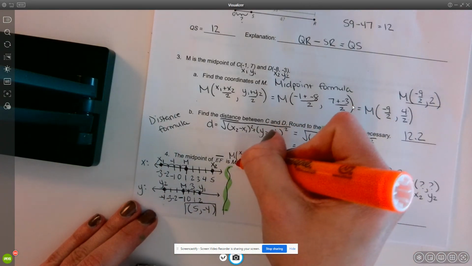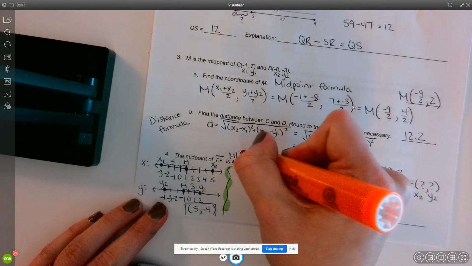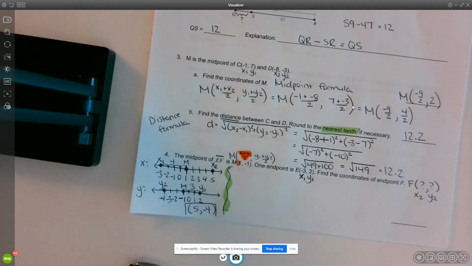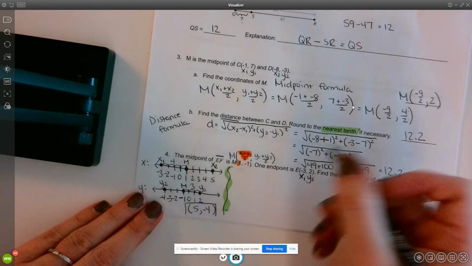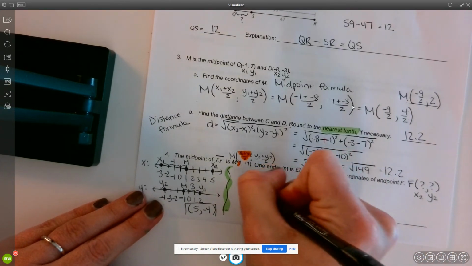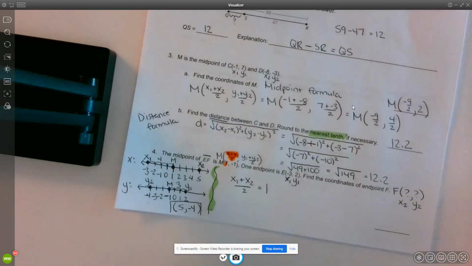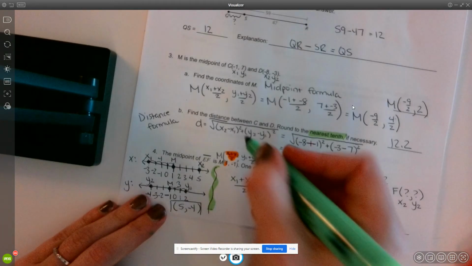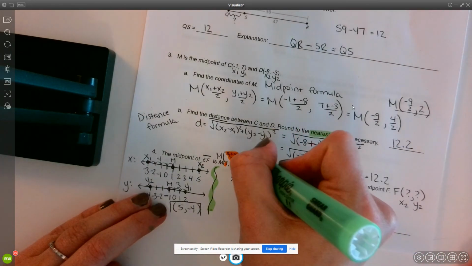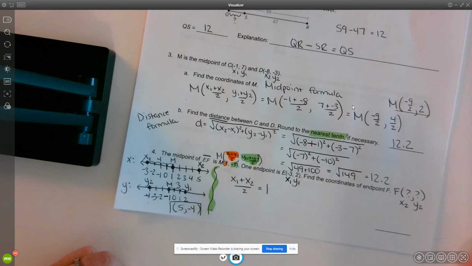I know that the x coordinate of my midpoint is 1, which means that in my midpoint formula, x1 plus x2 divided by 2 has to be equal to 1. So there's my first equation. When I look at the y coordinate of my midpoint, I see that it's -1. So that means y1 plus y2 divided by 2 has to be equal to -1.